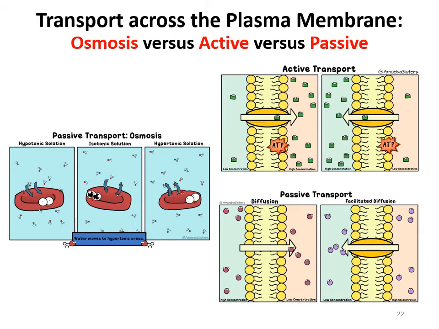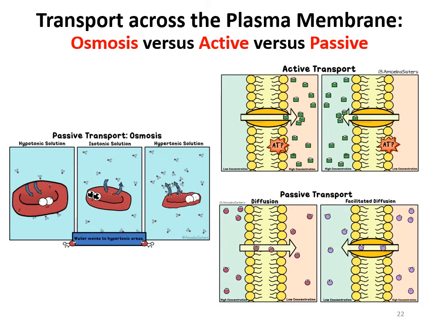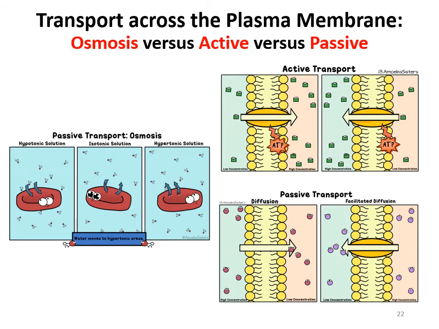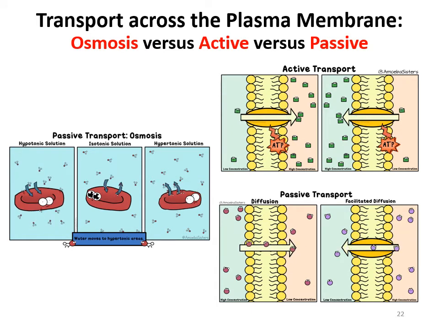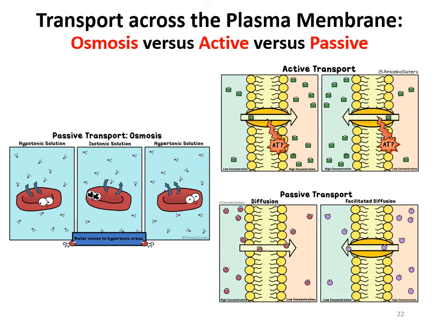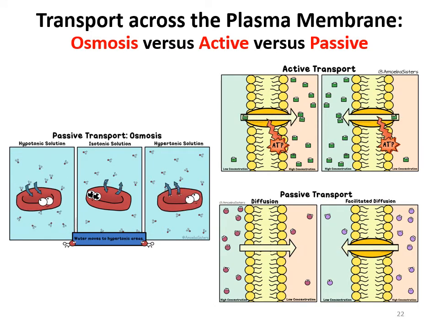If cells normally want to go from high to low, because they want to equal things out, active transport will move things from low to high gradients, so low solute to high solute. And now, instead of the water moving, this is the salt or the solute themselves moving.